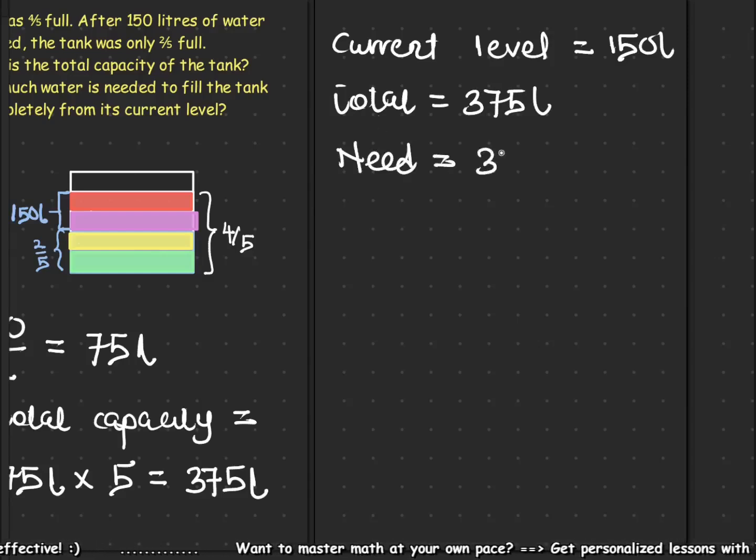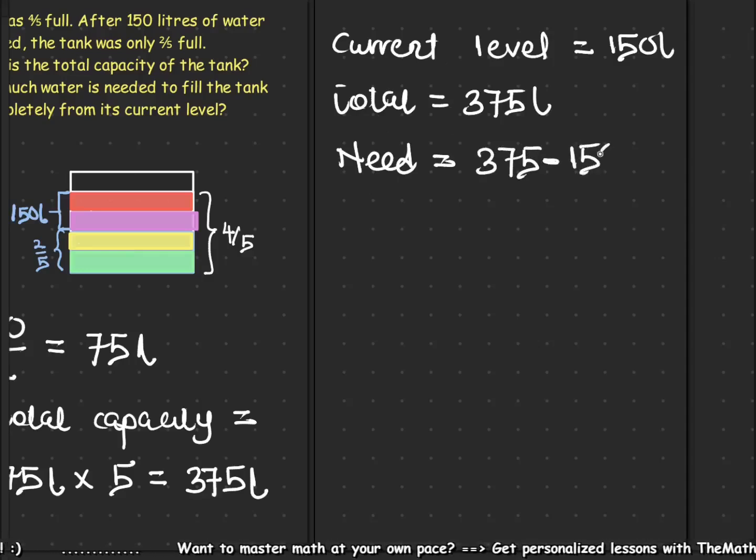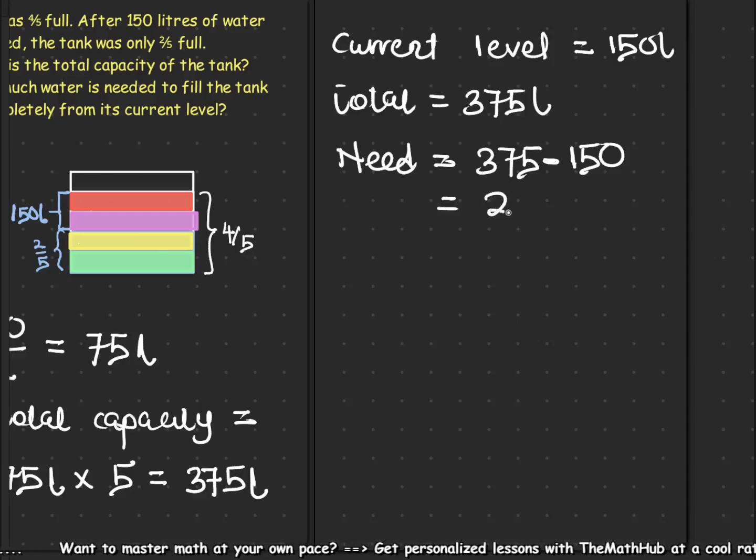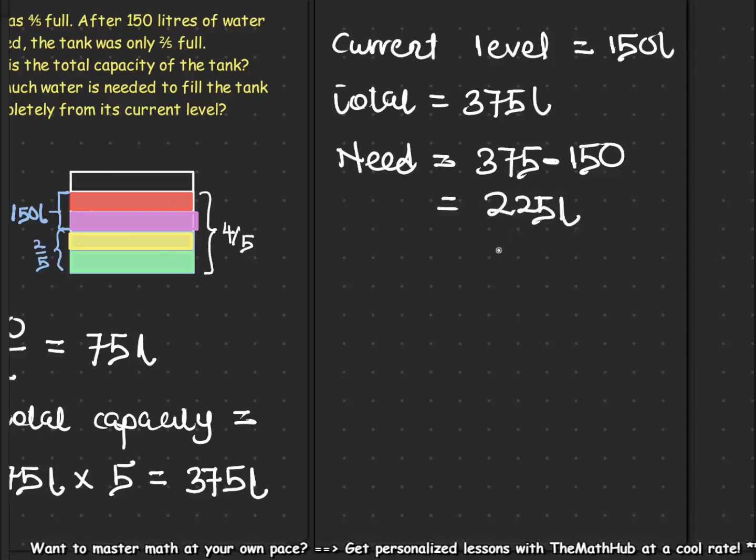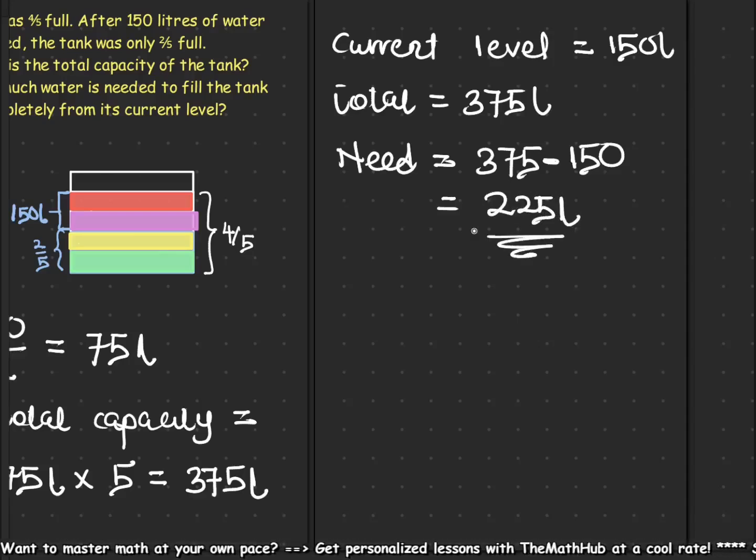The total, which is 375, minus the current level, which is 150. Subtracting that, we have 375 minus 150, and that gives us 225 liters. So this here is what? The total, or how much water is needed to fill the tank.